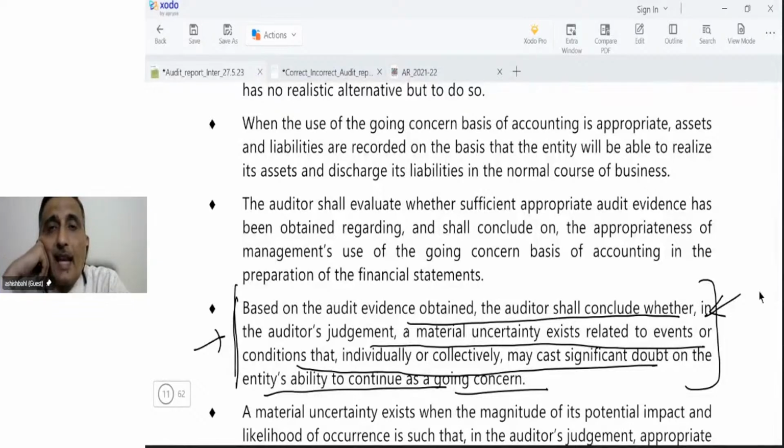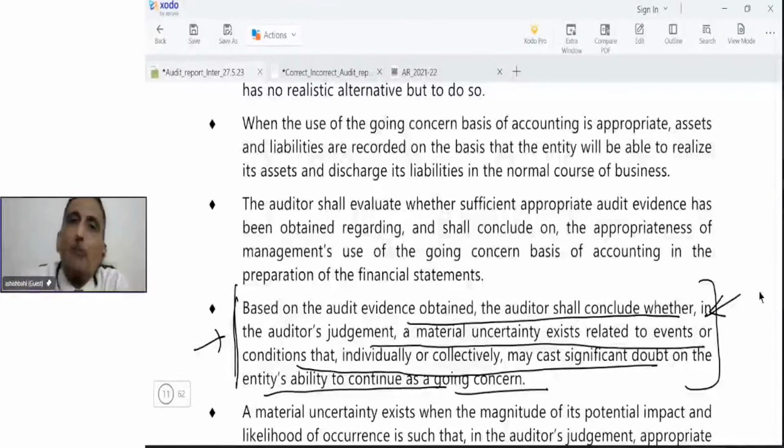If the bank does not extend them, there would be a serious problem of finances with the company. It may not be able to discharge its liabilities, meet its expenses, pay salaries, pay wages, bear the employee cost, because it does not have so much capital itself, so it is dependent upon bank finances for its day-to-day working capital.